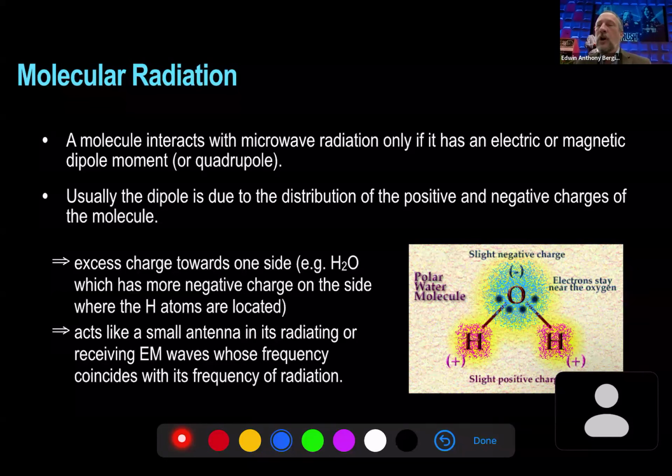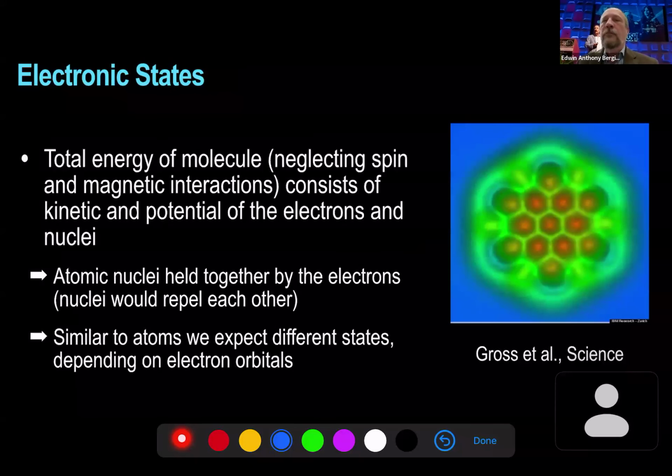So if I take the water molecule where the hydrogens stick out, like Mickey Mouse ears, it turns out that just because of the way the hydrogens are structured, the electrons like to hang out near the oxygen atom, and the positive charge therefore is more distributed towards the hydrogen atoms. So when the water molecule spins, it's like a little antenna. And it's radiating or receiving radiation at particular frequencies. All right, so that's a dipole moment in this example.